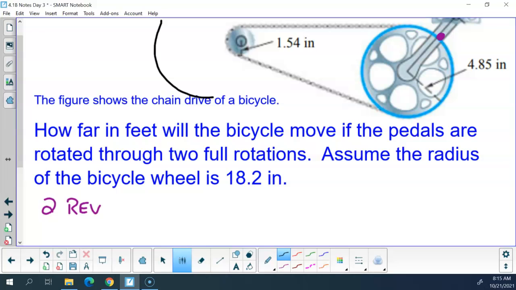First, pedals radius, to get to the chain. If I'm going to get to the chain, I would say that 1 revolution is what? 2 pi radians.